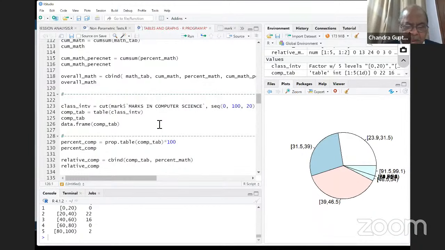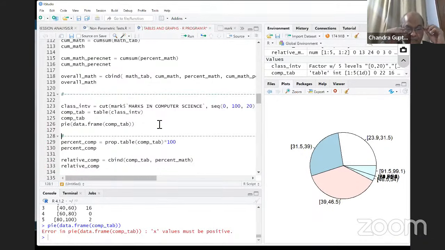How to make a pie chart of it? Simply pie of the data frame of it. Okay.